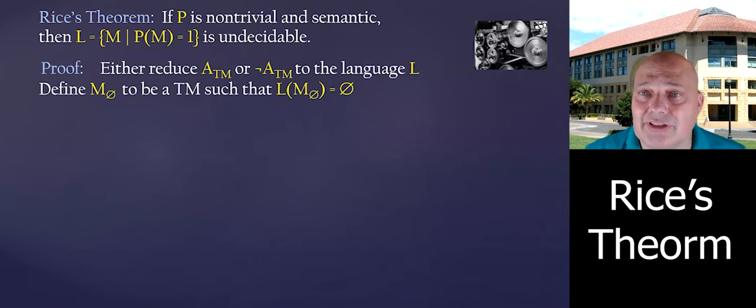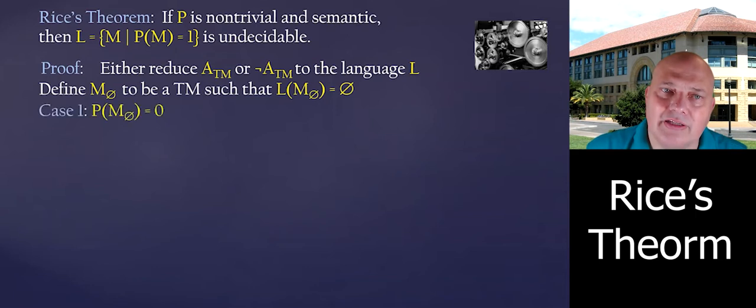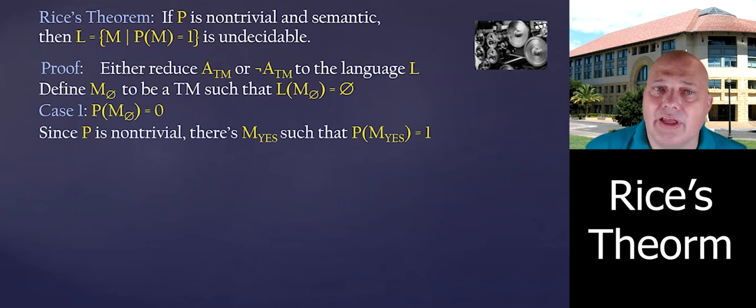M naught can just reject on the first step. The first case is that the property doesn't hold for M naught. Since P is non-trivial, there is another machine, M_P, such that the property does hold for M_P. So we have M naught, for which the property doesn't hold, and M_P, for which it does hold.